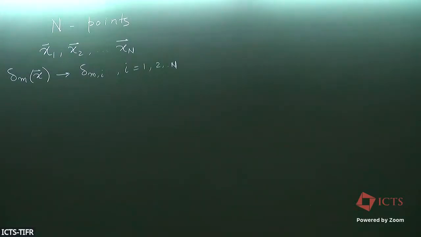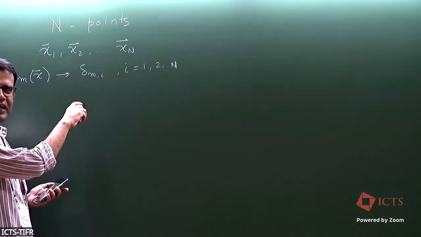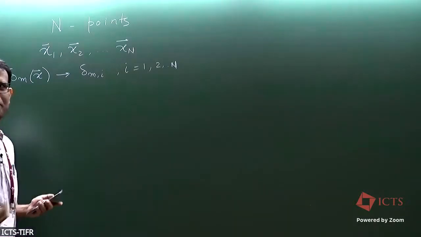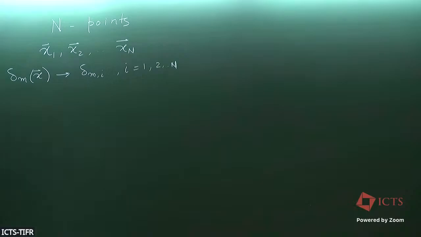Of course, let me emphasize this. We are not really looking for a method to specify the values of delta for each i, because those will be random. We really don't want to do that.